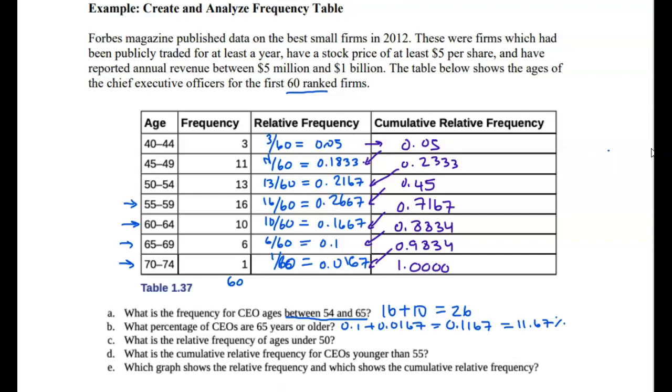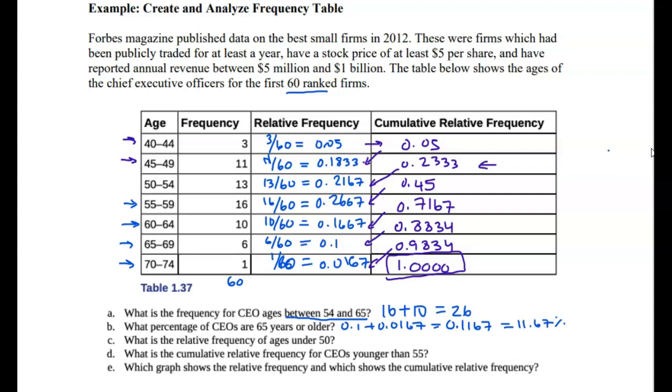So always the last one should be as close to 1 as possible. Technically it should be 1, but if you're rounding along the way, you might get something that's close to 1, and that's fine. It's just rounding error. Alright, so what's the relative frequency of ages under 50? So basically, under 50 is these two rows, and you need to add them up.